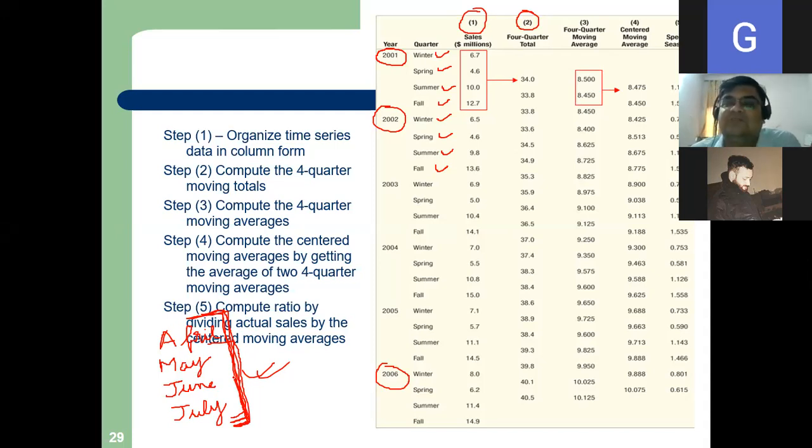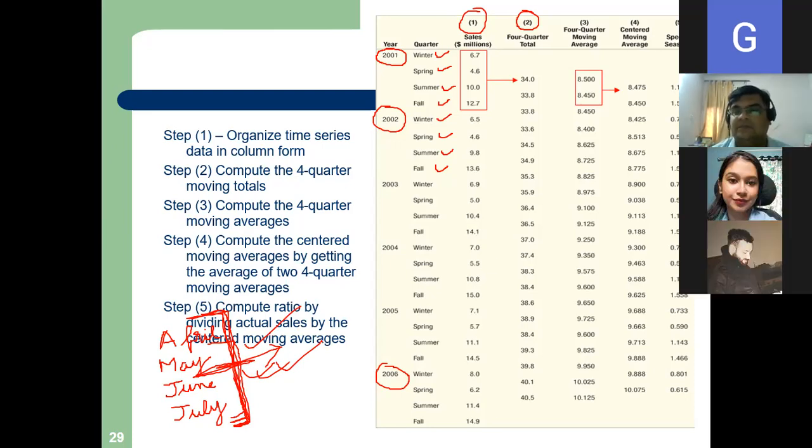I told you about 3, 5, 7. Why do we always take 3, 5, 7? To avoid this problem. But here I have to write between these two. I cannot write in the month of May, and I cannot write in the month of June. That's why we generally take 3, 5, 7, 9, like this, odd.